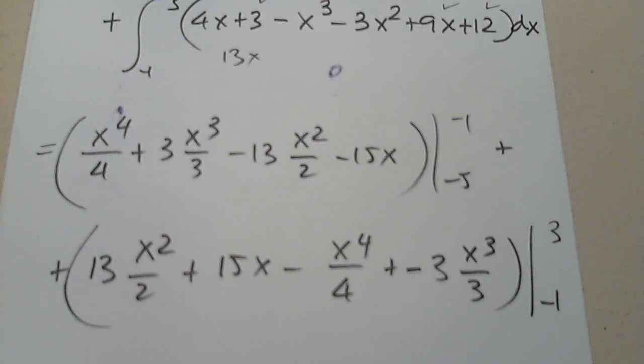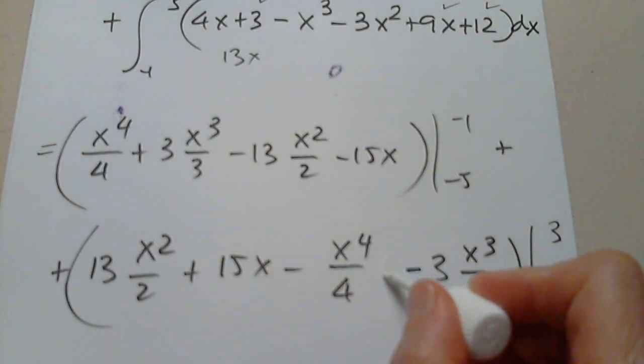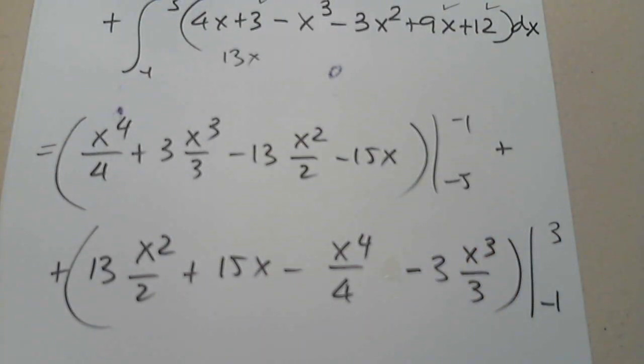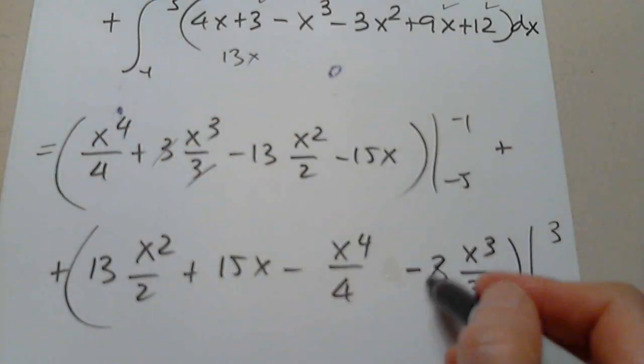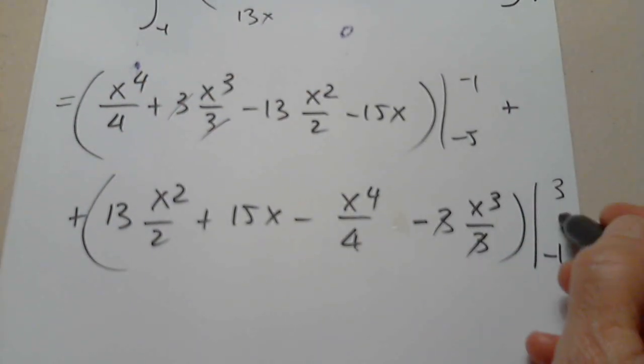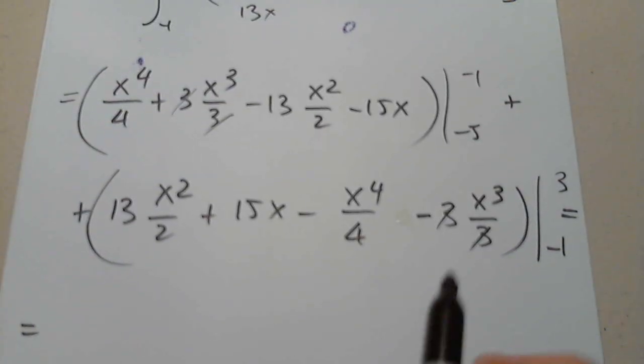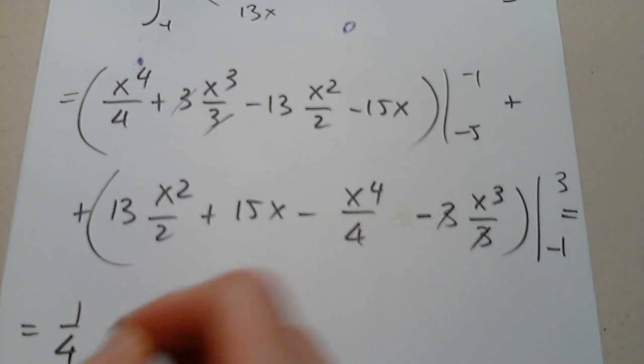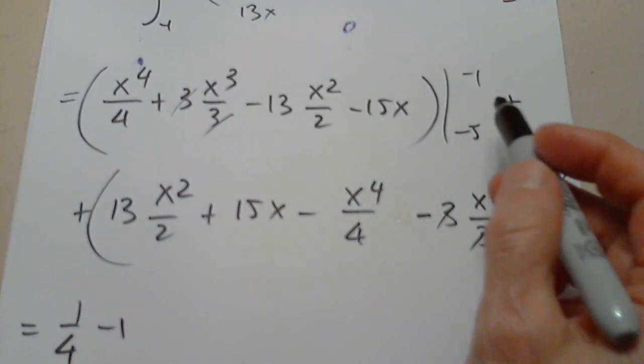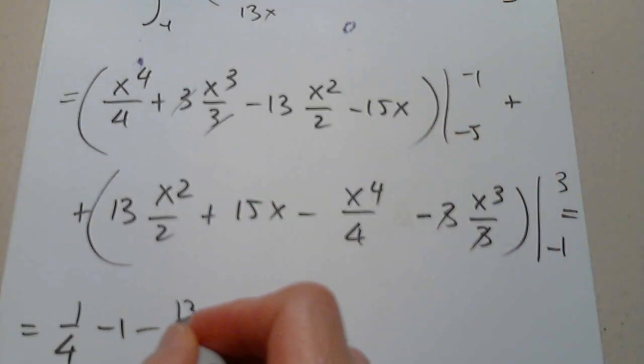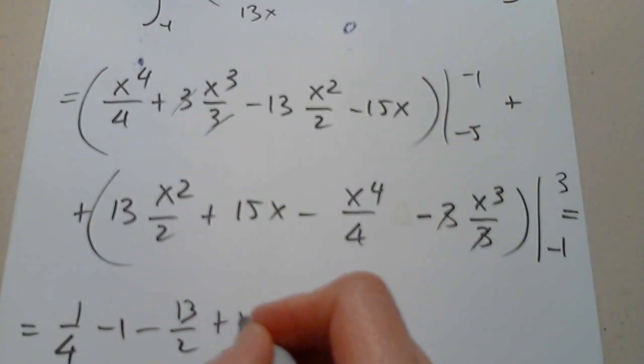Where's my whiteout? Okay. So I can only simplify these. I'm going to plug them in. -1, so 1/4 minus 1 minus 13 halves plus 15.